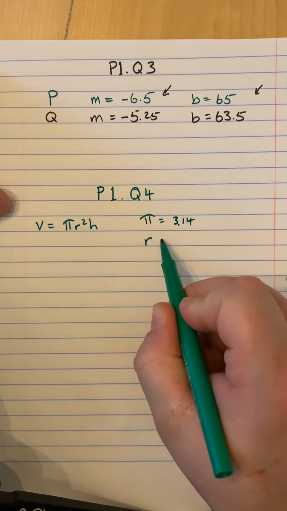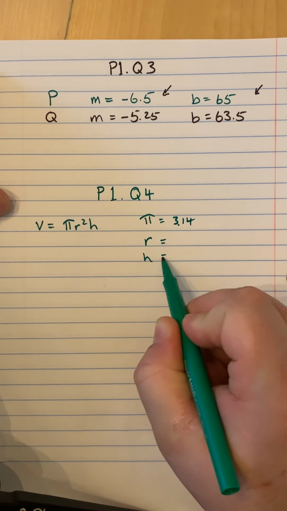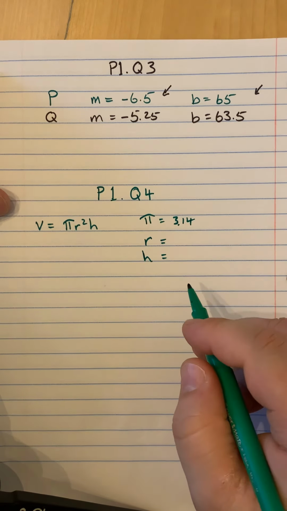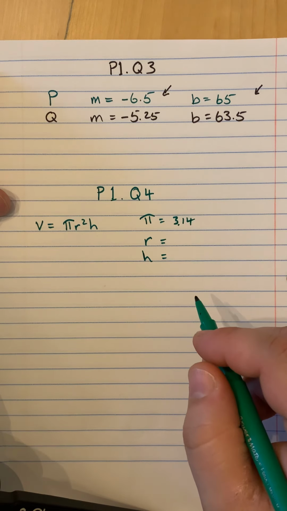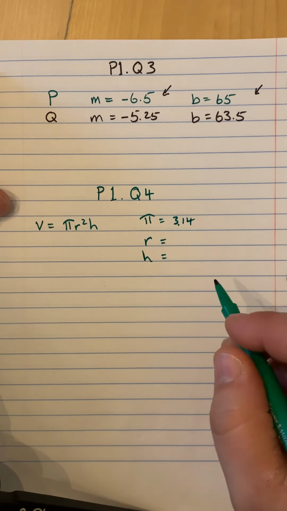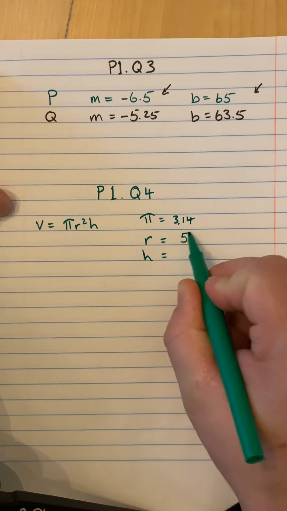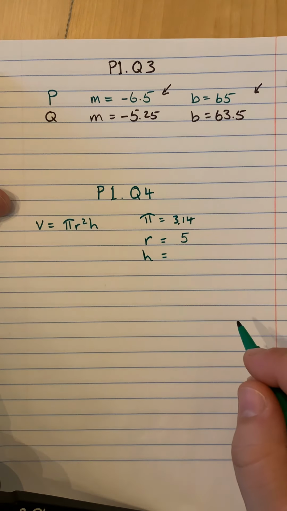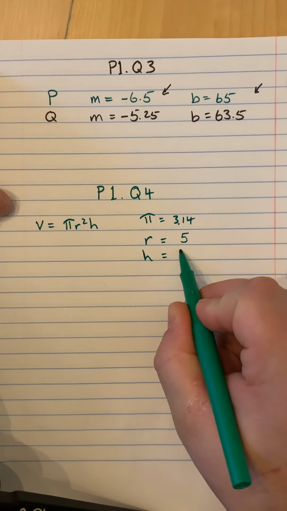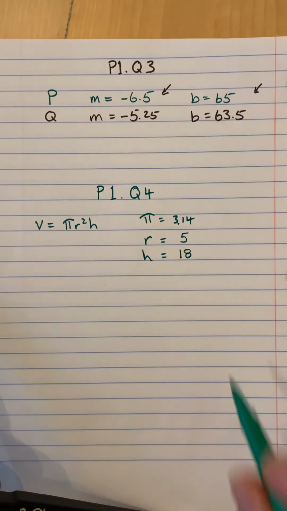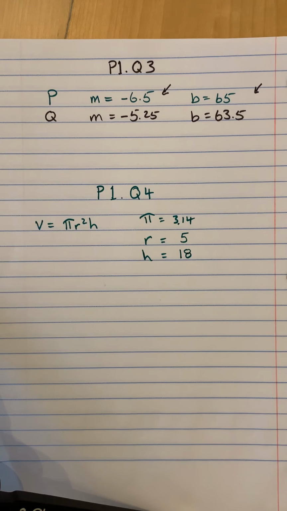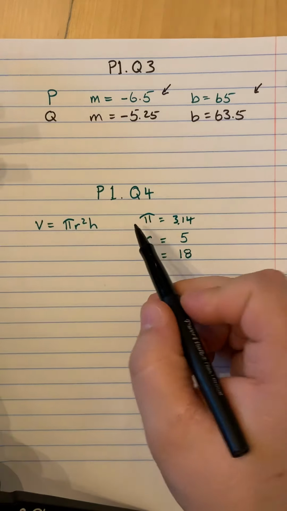So what do we need to know? We need to know what r is, and we need to know what h is. Now, thankfully, in the problem, they told us that the radius, or r, is 5 centimeters, and that the height of the container is 18 centimeters. So now we actually have everything we need, and all we have to do is substitute these things.